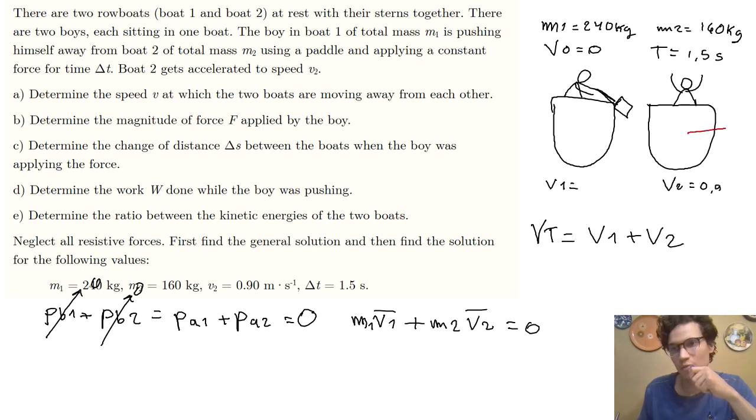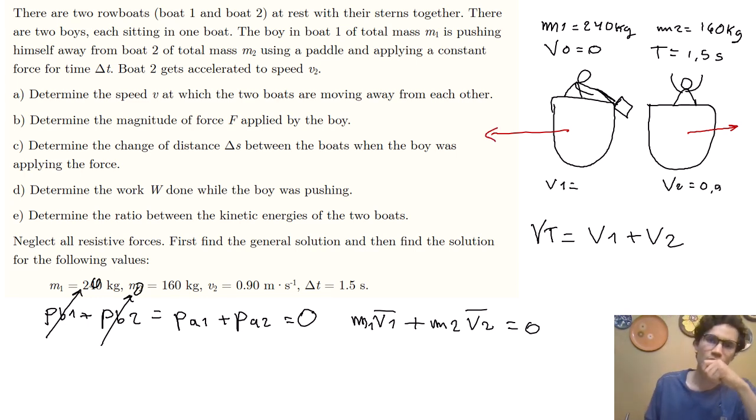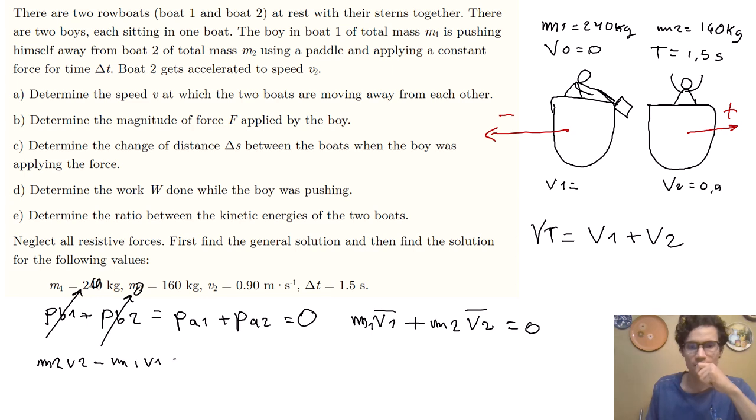The second boat will move after the collision to the right, and the first boat will move to the left. Left is negative, right is positive. That is the convention here. So this is negative, this is positive. Let's represent that: mass 2 times velocity 2 minus mass 1 times velocity 1 is equal to 0.